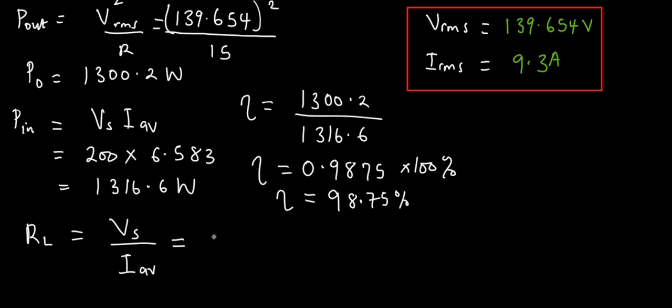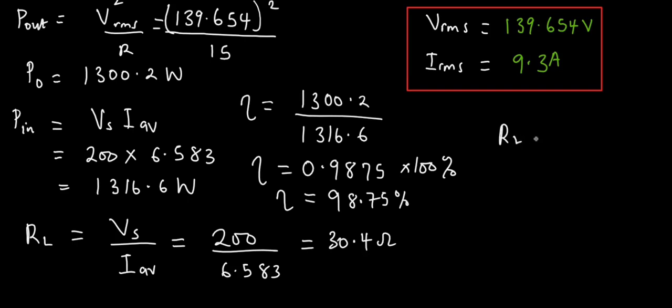We have Vs to be 200 over I average, which is 6.583. So if we divide this, we have 30.4 ohms. So our RL is 30.4 ohms. The effective resistance of the chopper is 30.4 ohms.